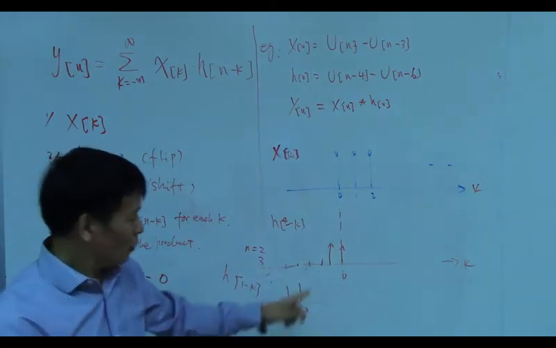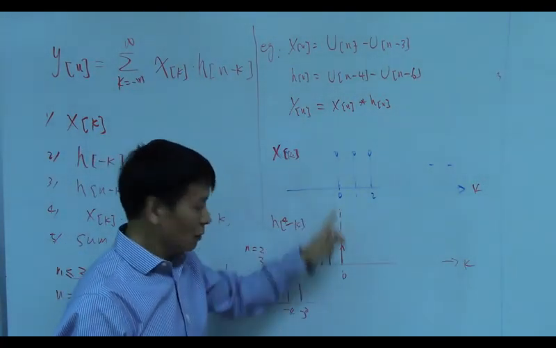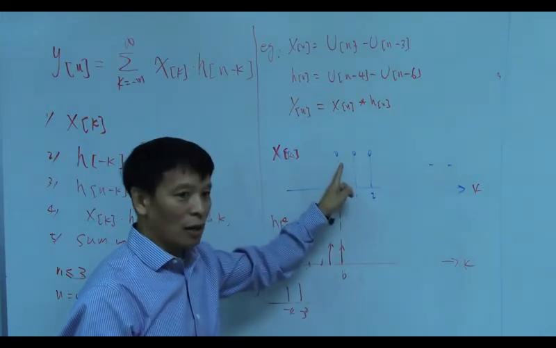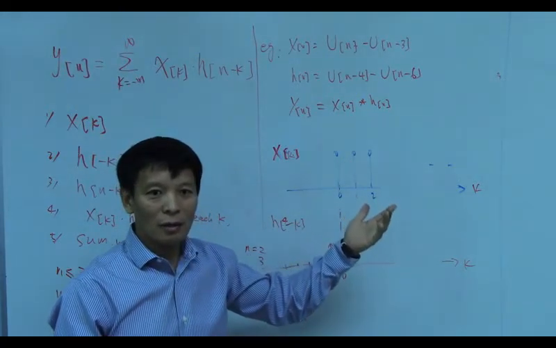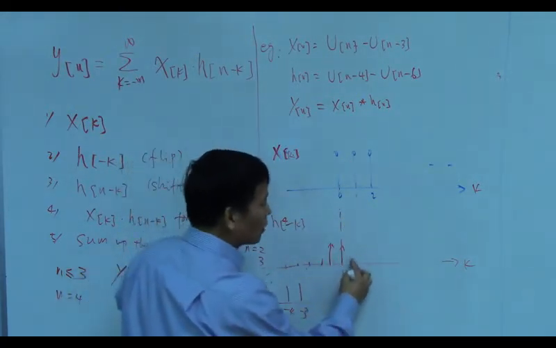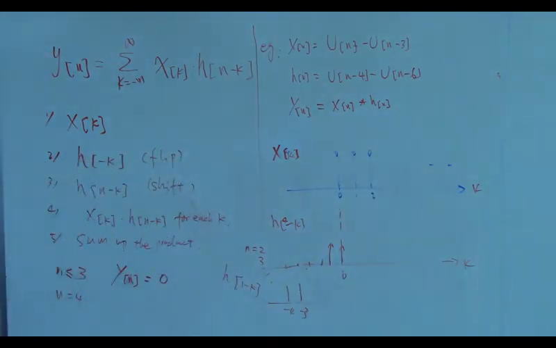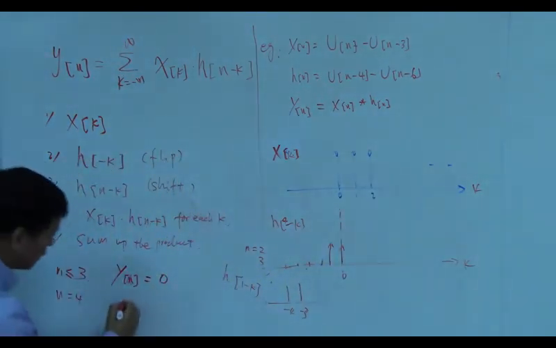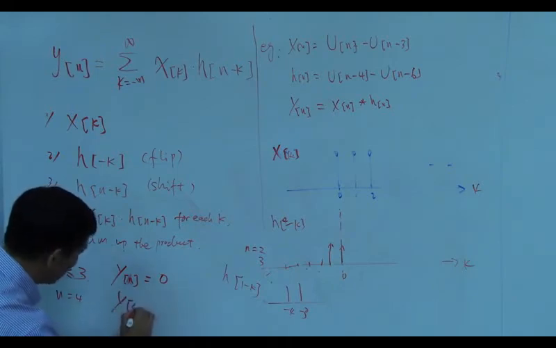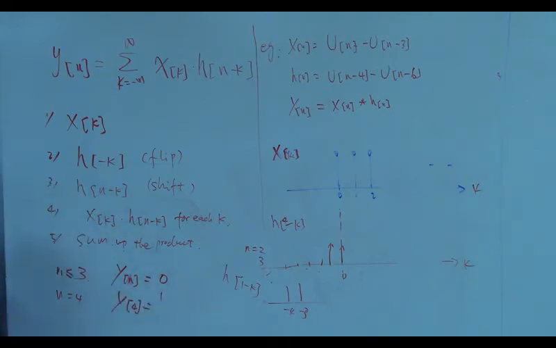Now be careful. This one still nothing, but this one 1 times 1 equals 1. And this one here still nothing. So we have only 1 non-zero value, which is 1. So y[4] equals 1. Questions?